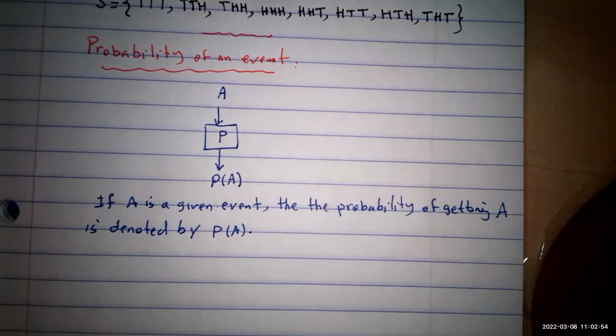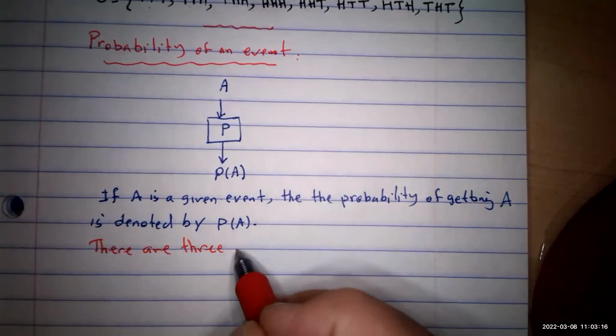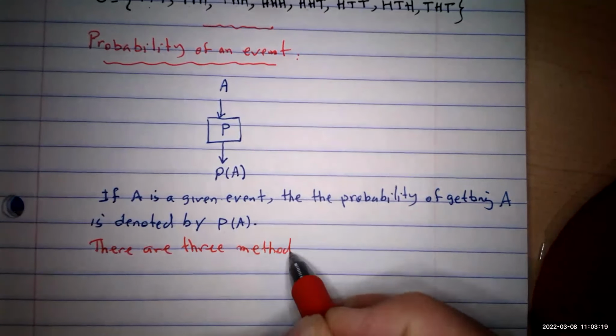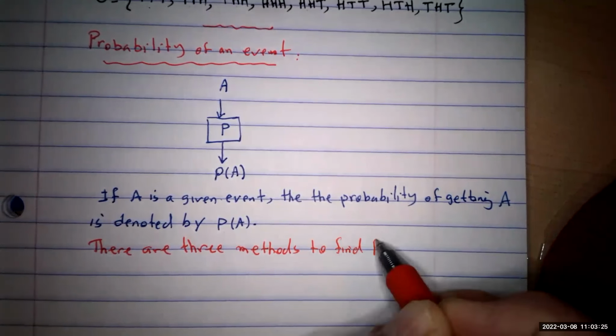There are 3 methods, or you can say types, that we can use to find the probability of A.